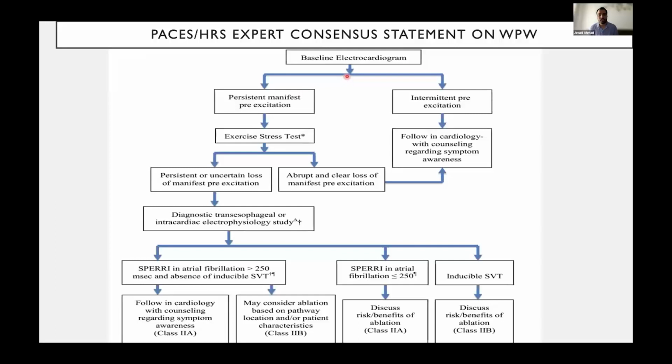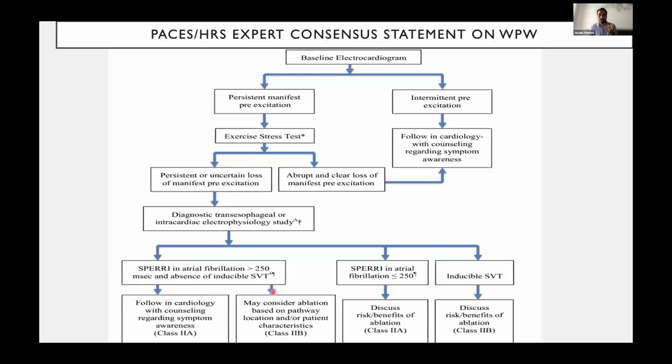This is the guideline. If on baseline electrocardiogram you see manifest pre-excitation, you subject the patient to a TMT. If there's abrupt loss of pre-excitation, this is a low risk for sudden cardiac death. If you are not sure about this, you subject the patient to EP study. If on EP study you have SPERRI more than 250, you can follow him in cardiology with counseling regarding the future symptoms and SCD estimation, which is very low.